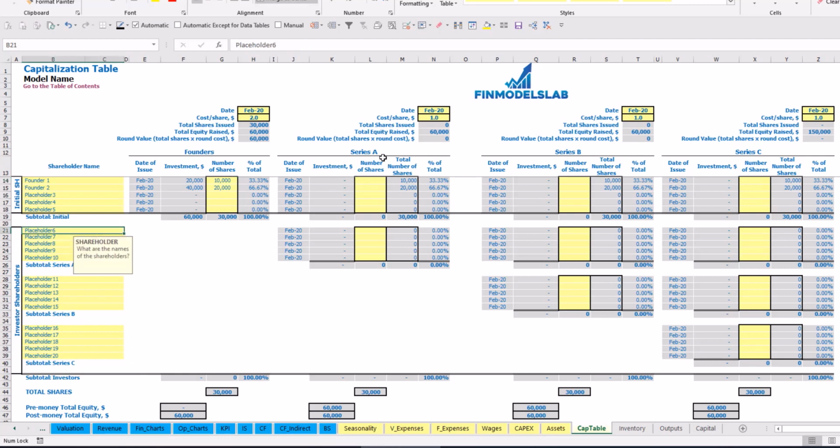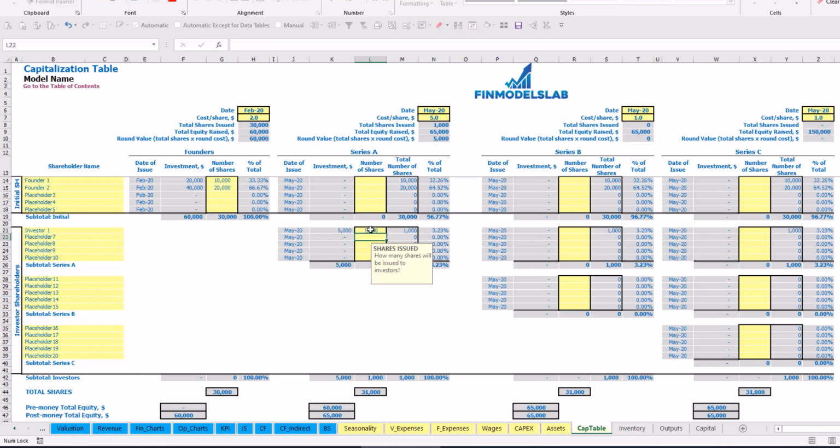So let's pretend that for Series A we have one investor and the date of issuance is May, cost per share is $5 per share and number of shares is 1,000. So total amount of investment will be $5,000.